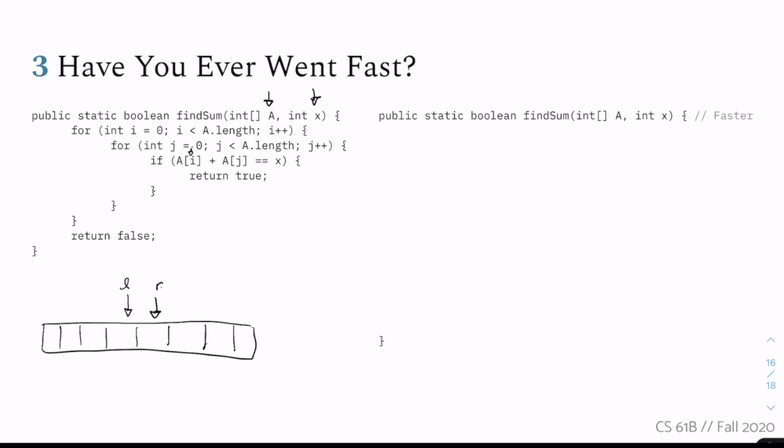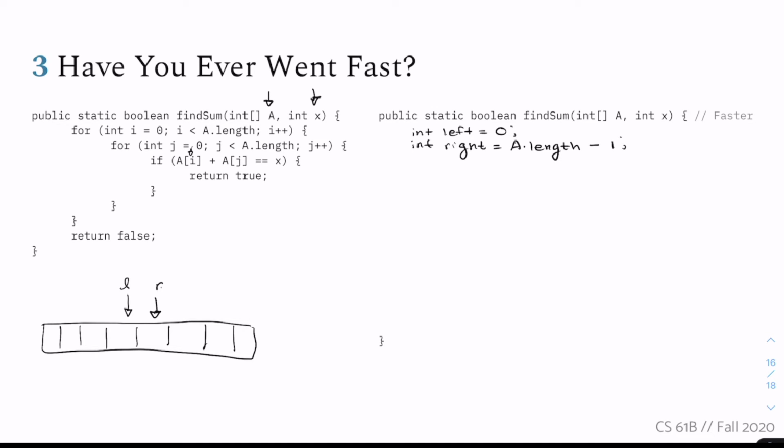So we'll have our first pointer be int left is going to be 0. And then we're going to have int right is going to be equal to a.length minus 1. So it starts at the other end.